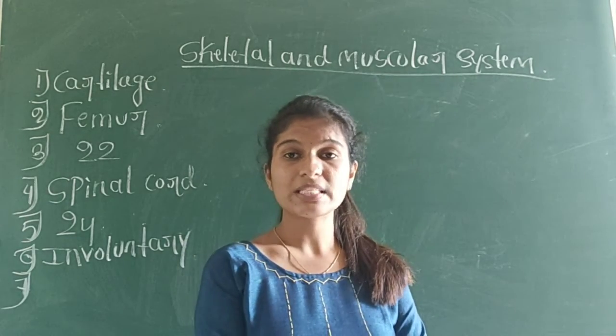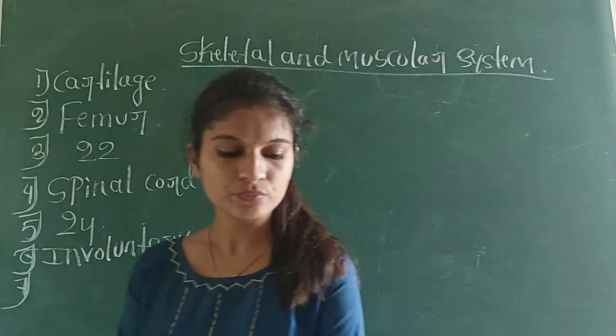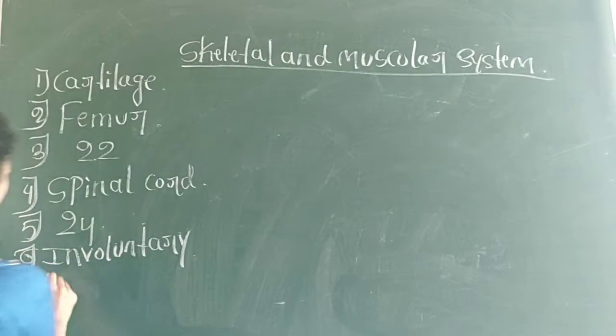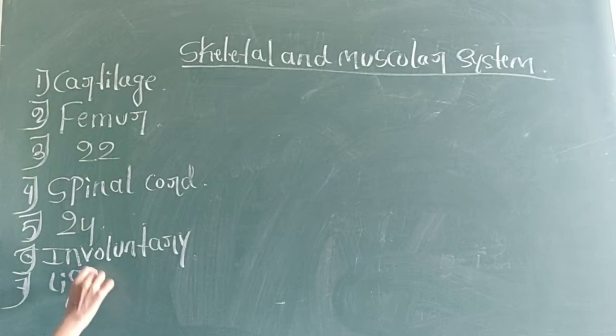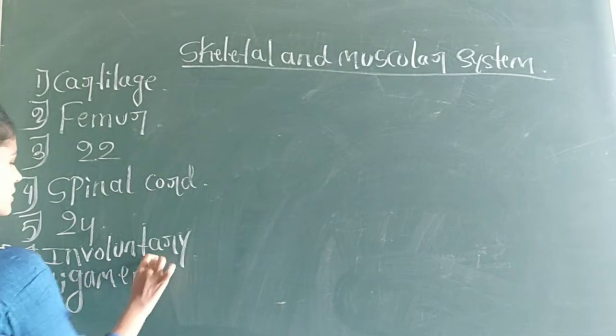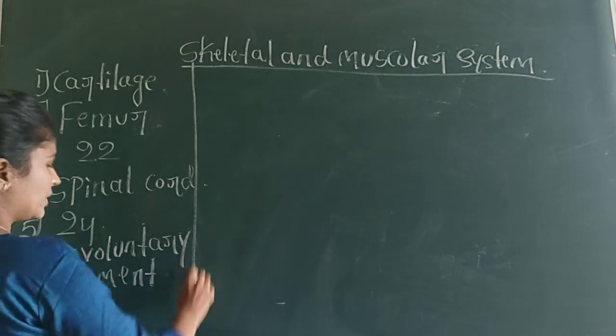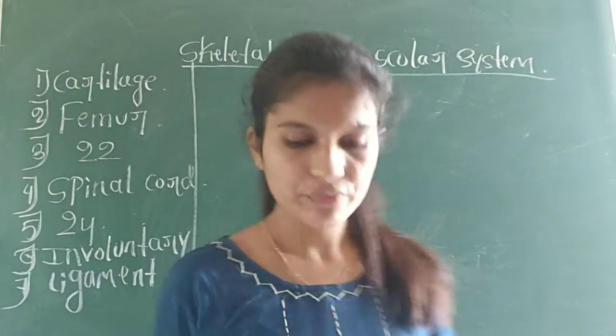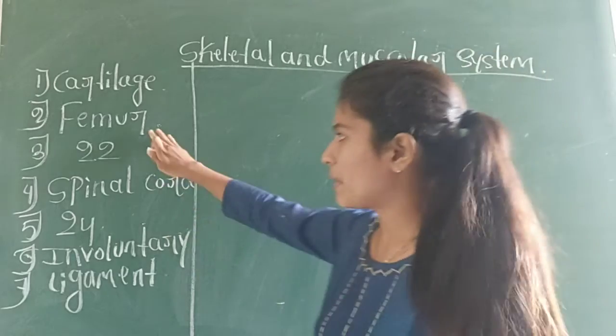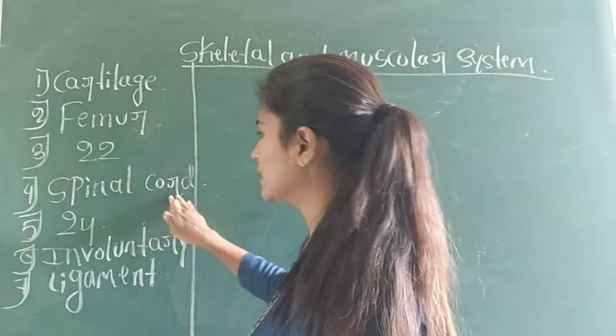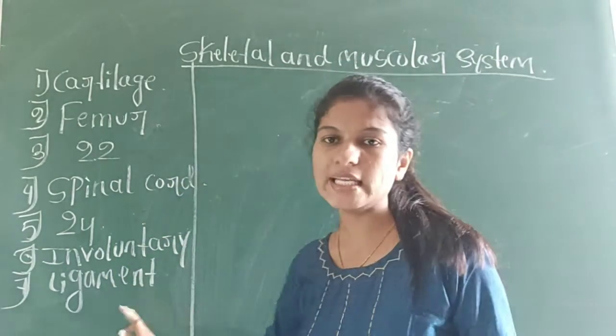Which tissue is that? That is ligament. Okay, so these are the answers. Ready, fill in the blanks: cartilage, femur, 22, spinal cord, 24, involuntary, ligament.